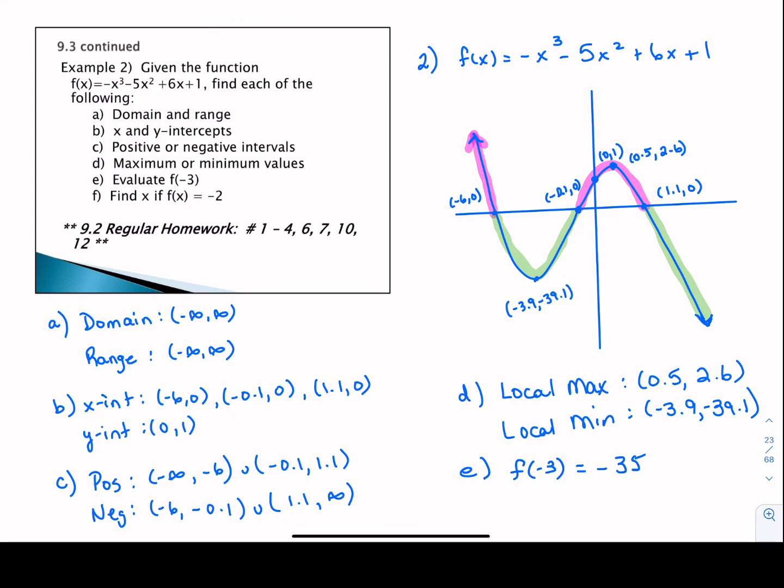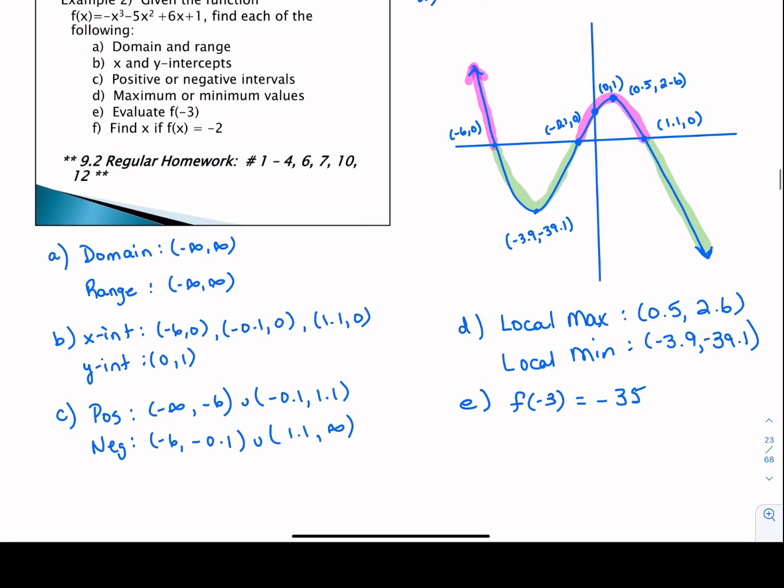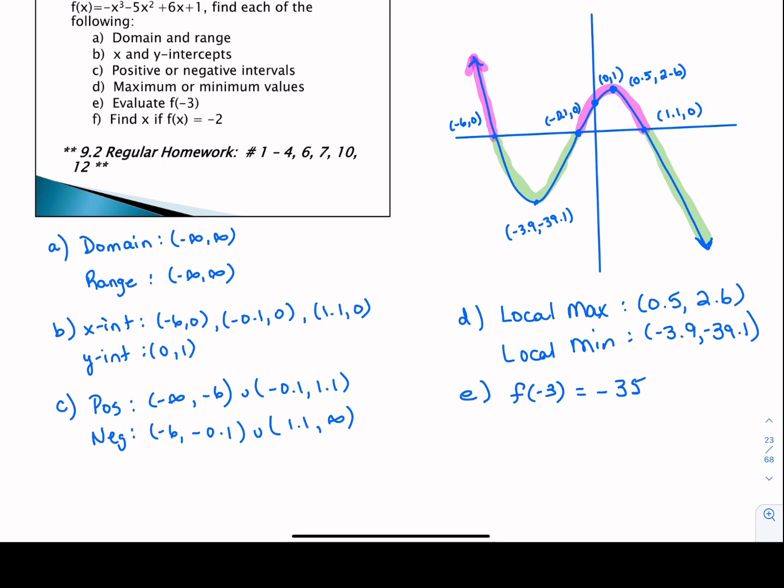Now the last question, once again, is giving us a specific target for y. So they're saying find x if f of x is actually -2. Just a reminder, that means y is -2. What you need to do is go into your calculator screen and graph that second function. So a second function, or a target of y equals -2, would look something like this.